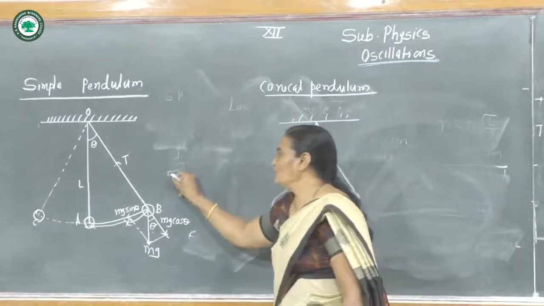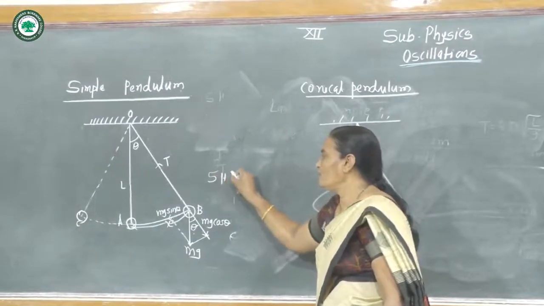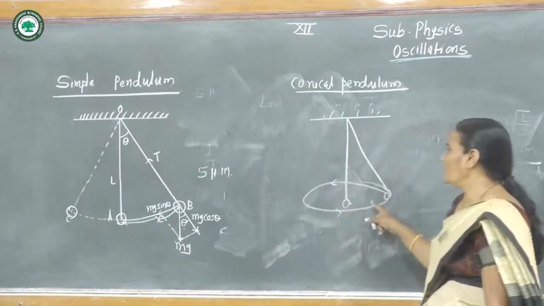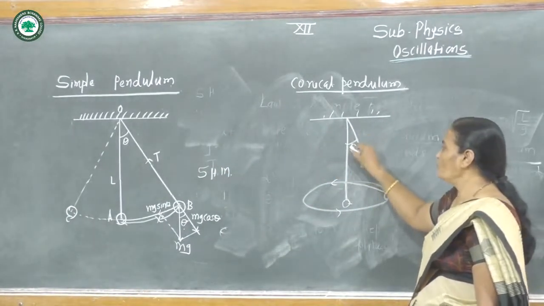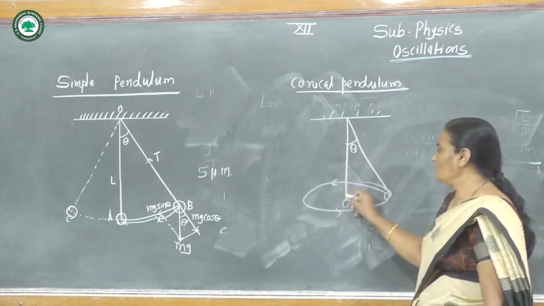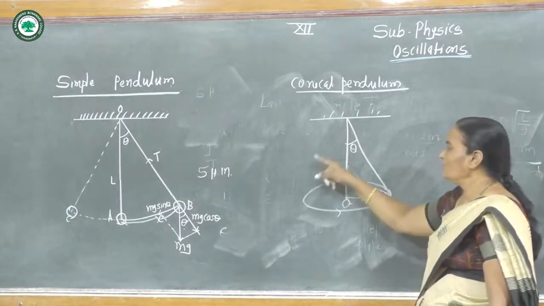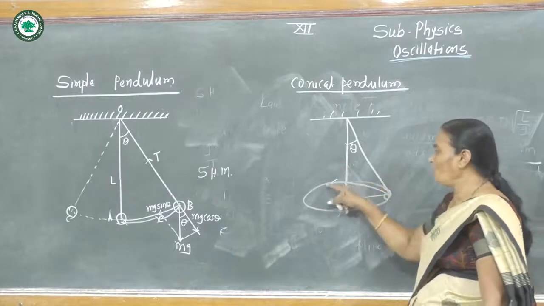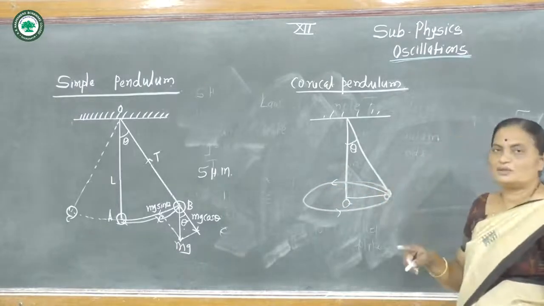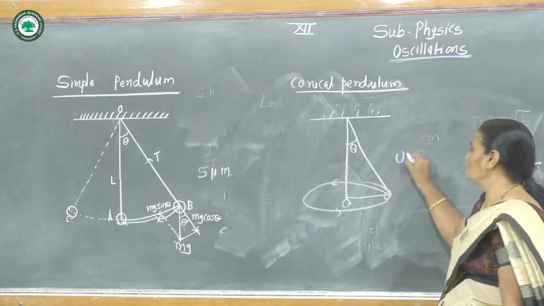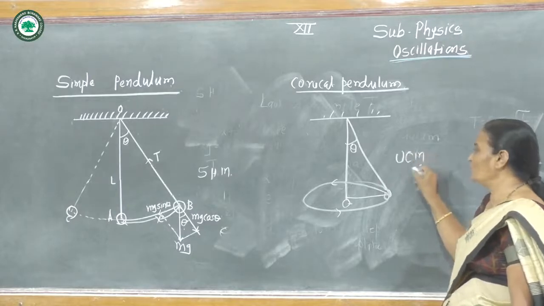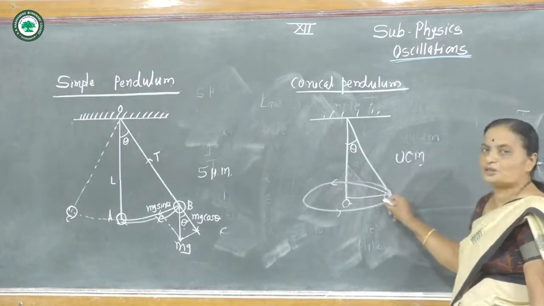Here, in the simple pendulum, the motion is SHM, simple harmonic motion. In case of conical pendulum, the bob revolves in a horizontal circular motion, which is uniform circular motion, that is, the speed is constant.